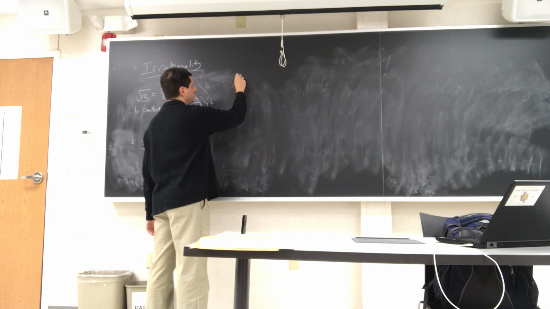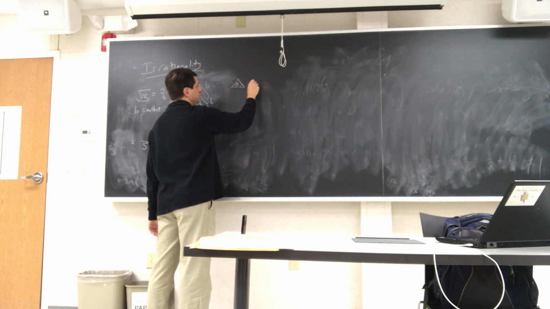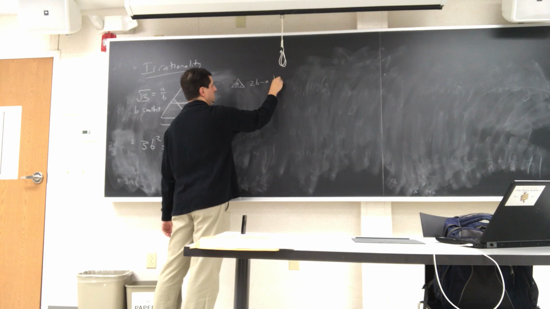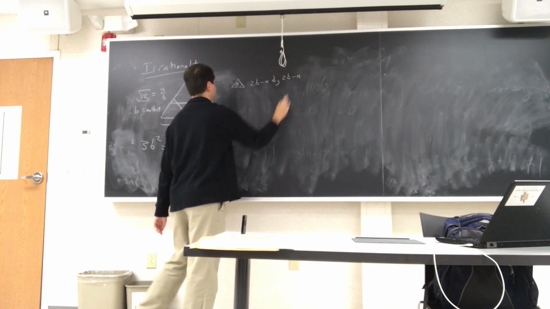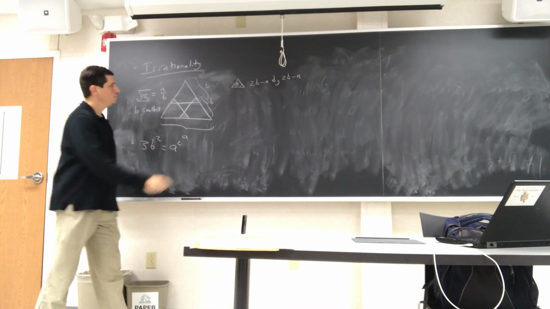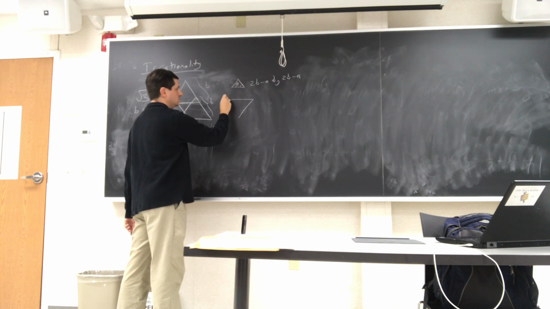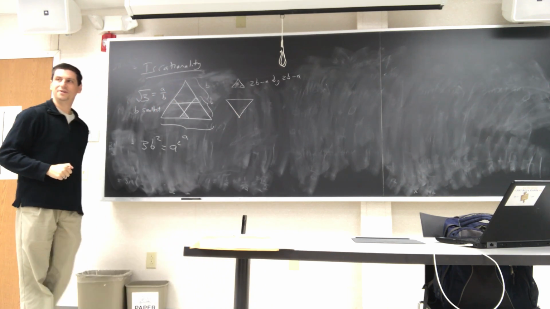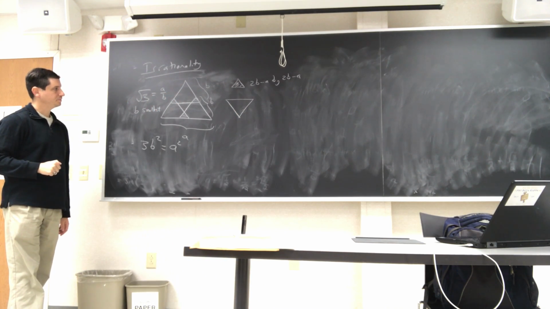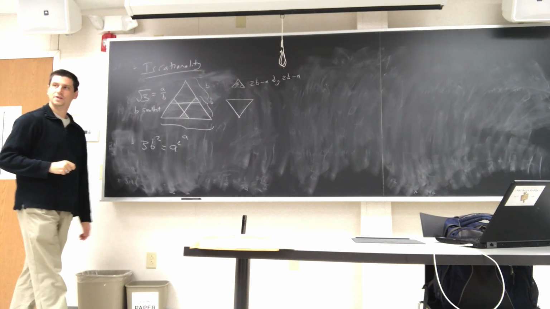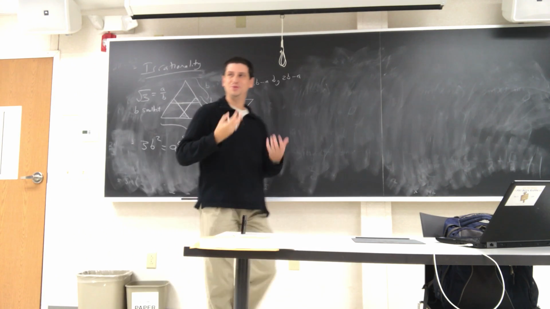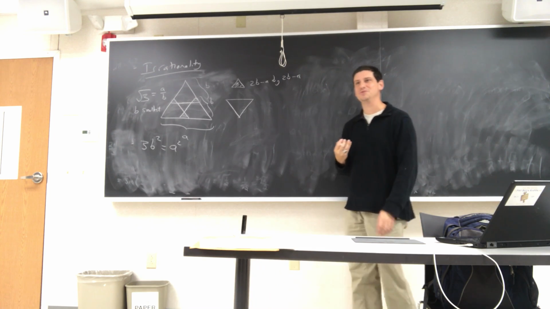So this triangle is 2b minus a by 2b minus a. What about the big triangle over here? What are the dimensions of that one? You can give it to me as a subtraction problem. You do not need to do the subtraction. I will do the subtraction for you.